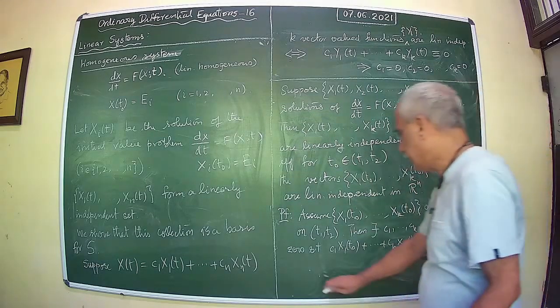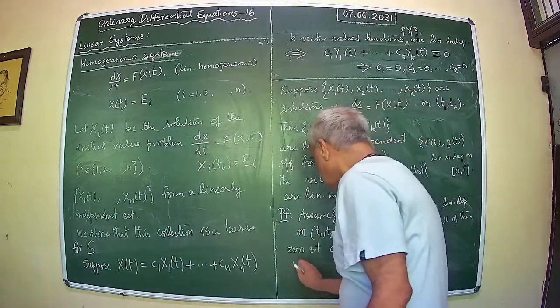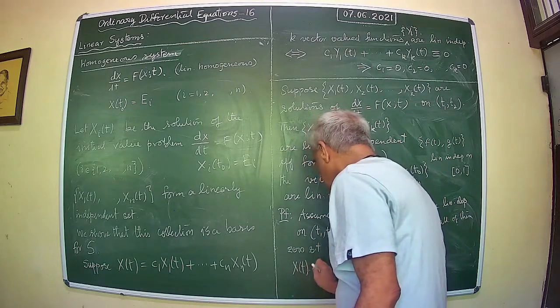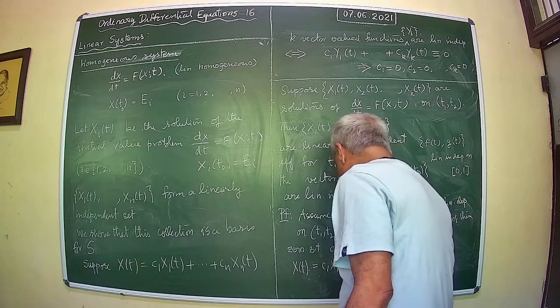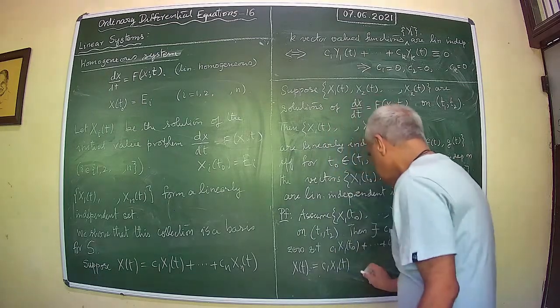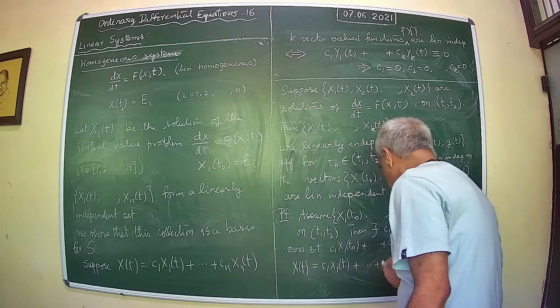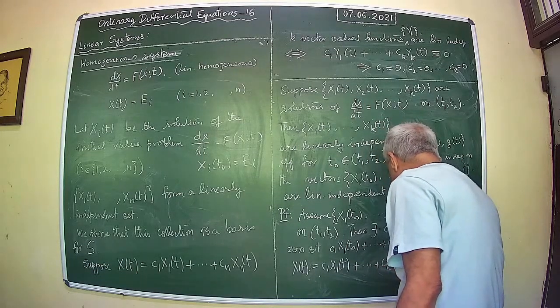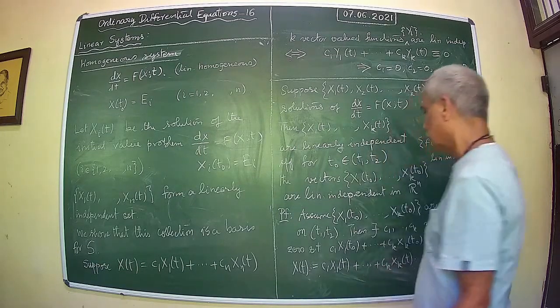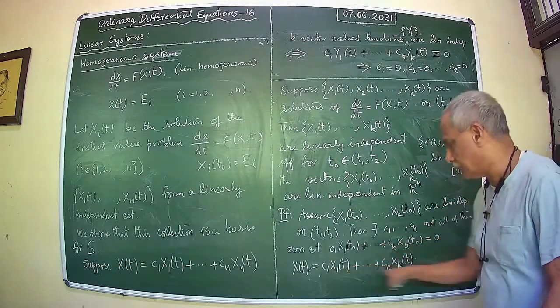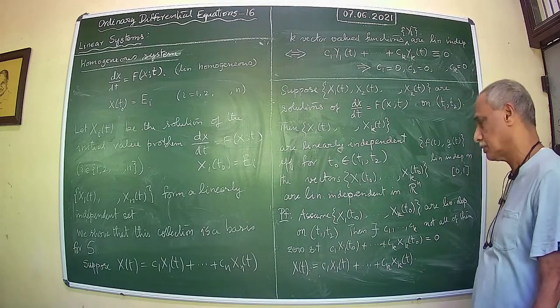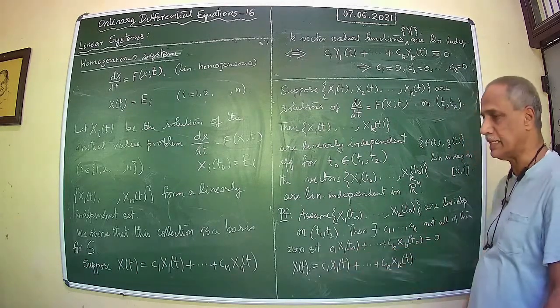So define, for these constants, x(t) equal to c1 x1(t) plus etc. plus ck xk(t). What can you say about x(t)?